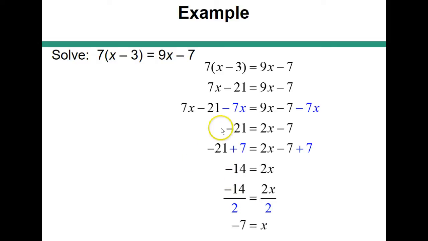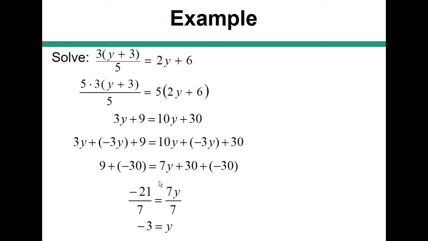Now, as you look at this, here is a series of logical steps following the procedure for solving an equation. And eventually you're getting a letter equals a number. Now, if you were to put the negative 7 here, that would make this a true statement.